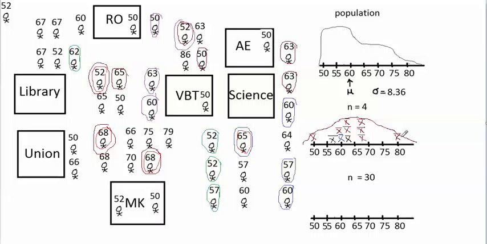Or if I ended up with these 4 people in my sample, I would have a really tall group of 4 people, and my sample mean of 80 would overestimate the population mean by quite a bit. So when I do my study, I just have to hope that I get one of these more accurate samples, and that I don't get one of these more extreme samples.